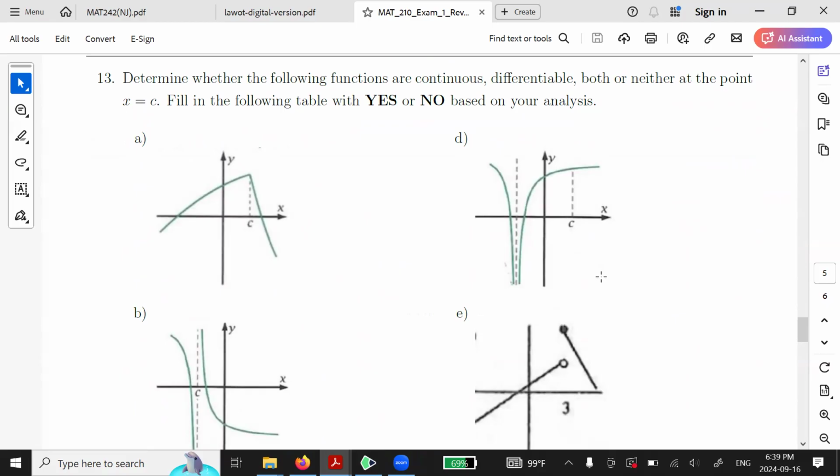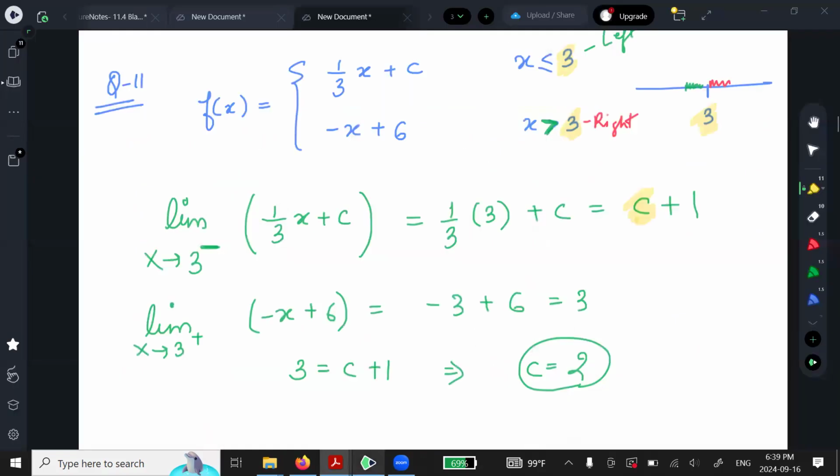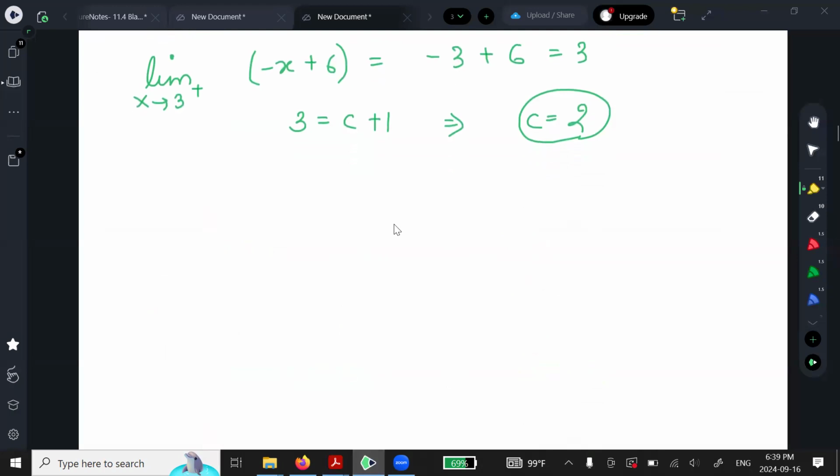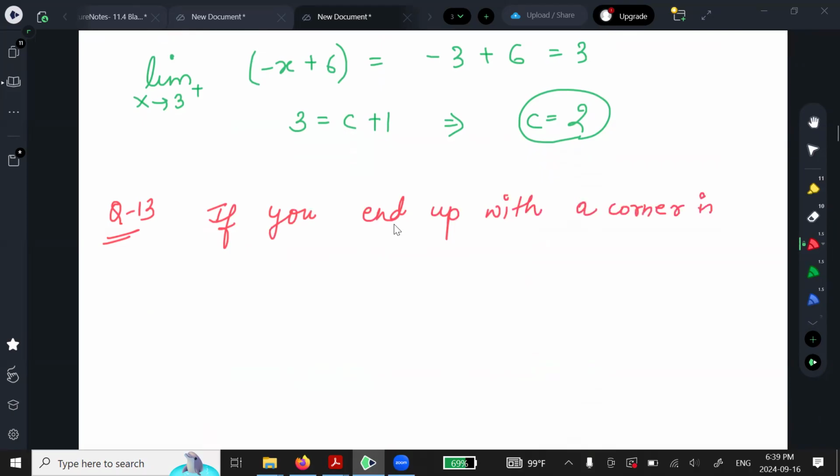Okay, I'll give you one hint to solve these problems. Question number 13, let me say, if you have a point, for differentiability, if you end up with a corner, now this is important, with a corner in your graph, means you can't draw a tangent and hence function is not differentiable.